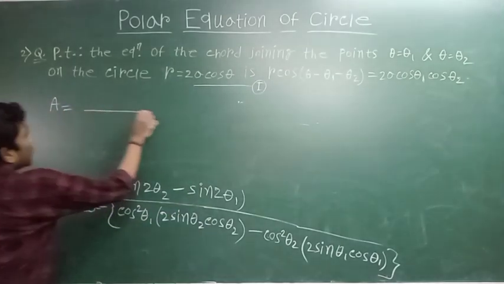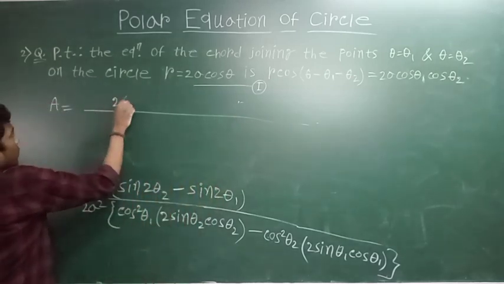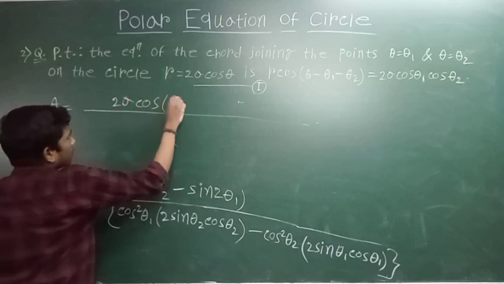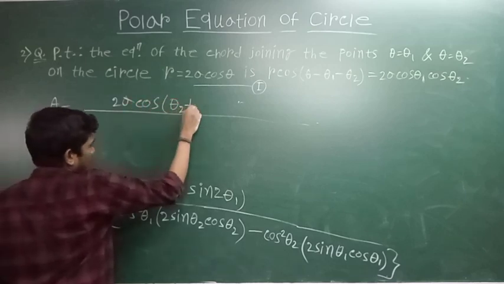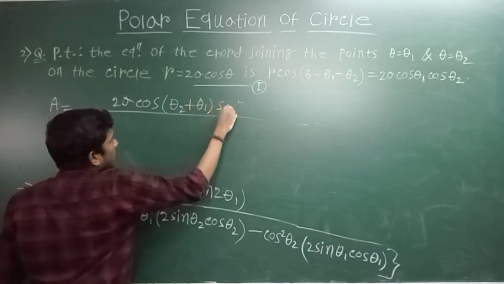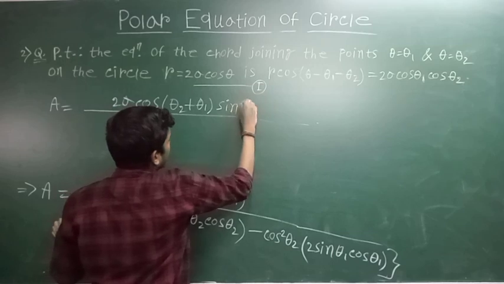We'll use this here. So we get 2a cos of theta 2 plus theta 1 into sin of theta 2 minus theta 1.